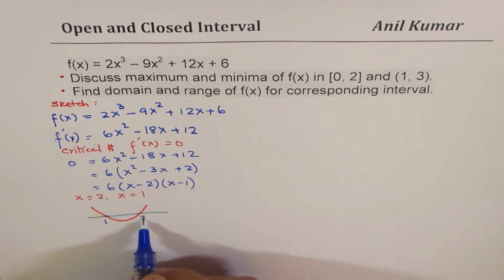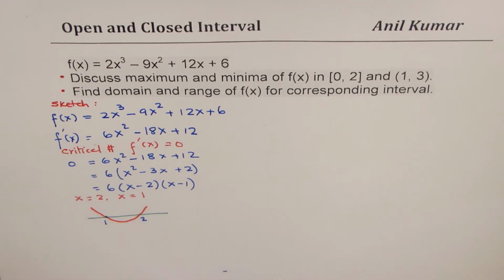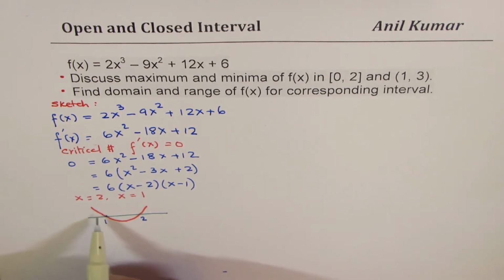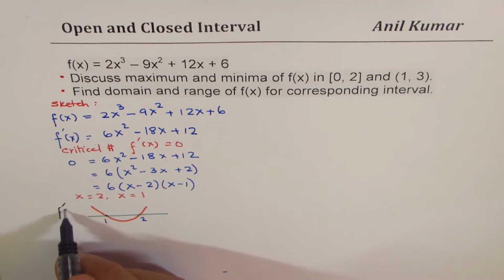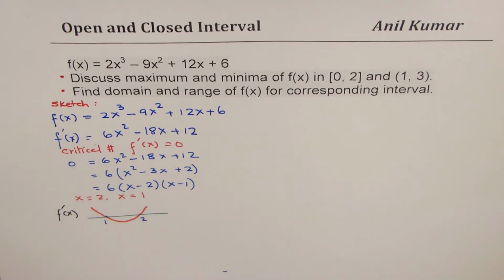So these are your zeros. So what you observe here is clearly that the function is actually increasing from minus infinity to 1, right? Because this is positive. We are analyzing what? We are analyzing first derivative. Correct? So if first derivative is positive, that means it is increasing, right?